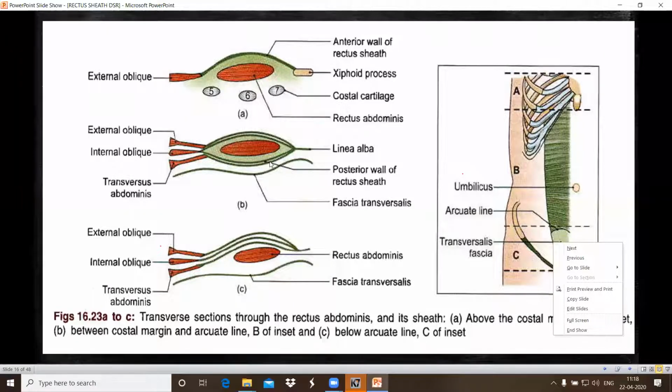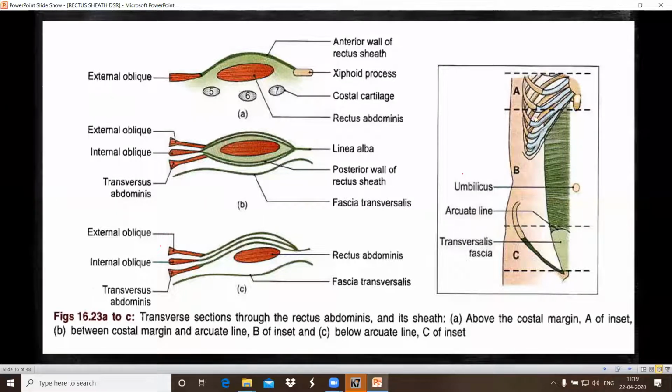And one more point is, the posterior wall at the lower end, that means at the midpoint, ends as a short concave sickle-shaped margin called the arcuate line of Douglas.